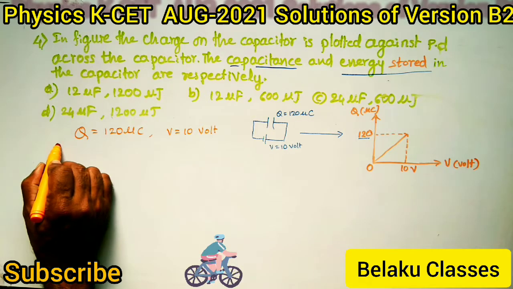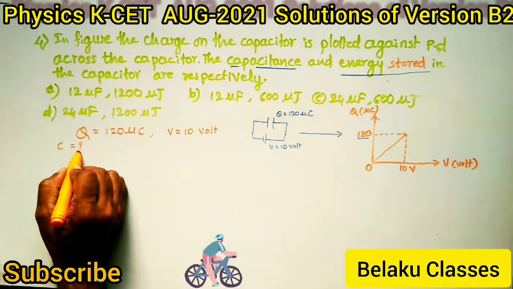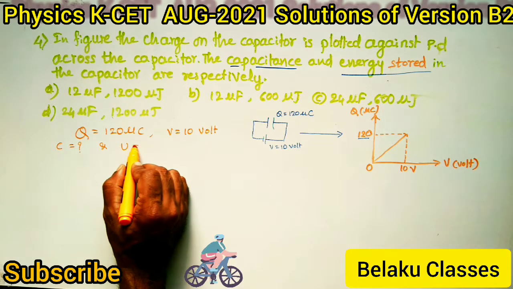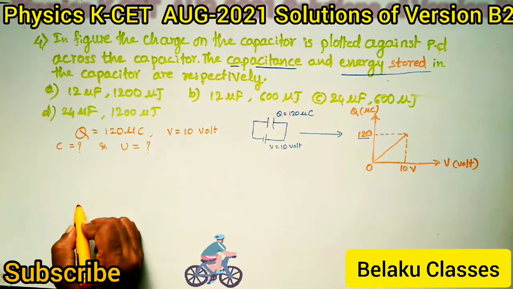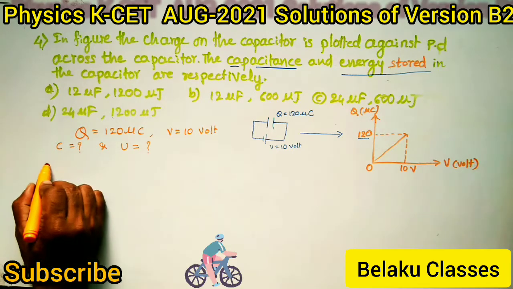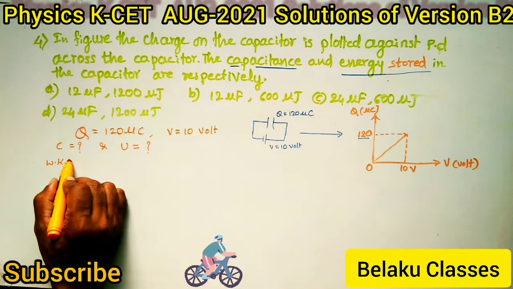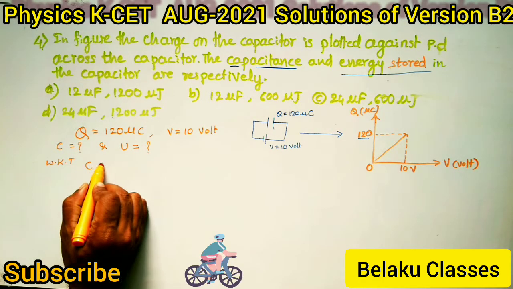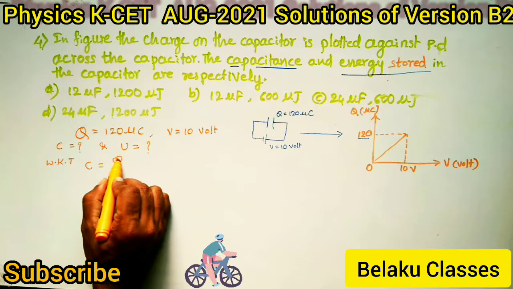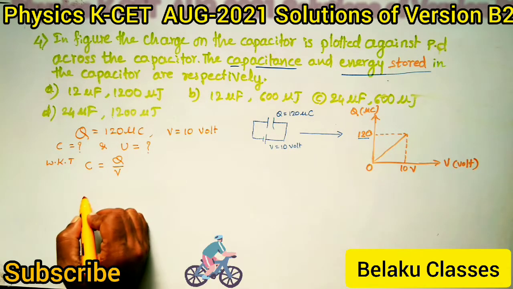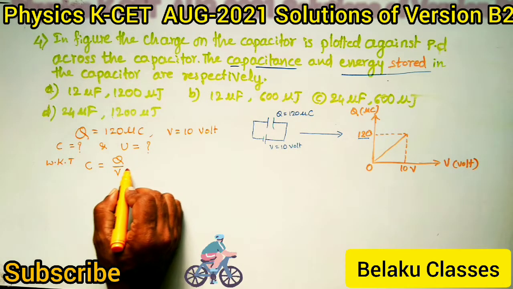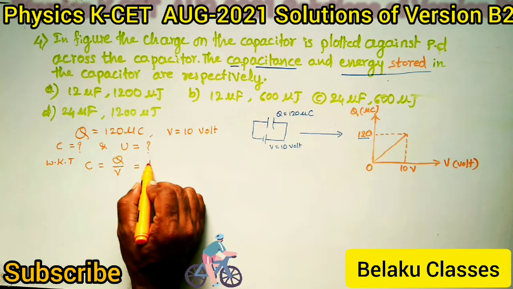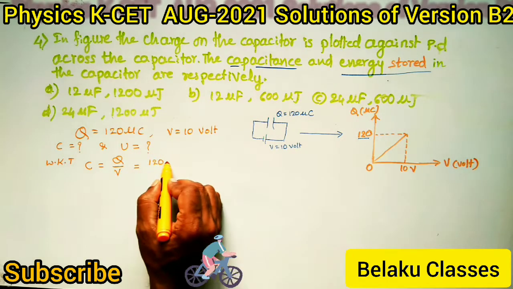We need to calculate the capacitance of the capacitor and the energy stored in the capacitor, which is taken as U. This you have to calculate. We know that the capacitance of a capacitor is given by C is equal to Q by V. So here Q is known and V is known. Q is given as 120 microcoulomb.